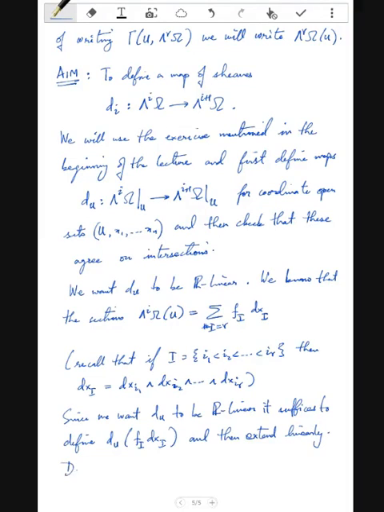So define d sub u of f sub I dx sub I equal to summation j equal to 1 to n of df by dxj wedge dx sub I.